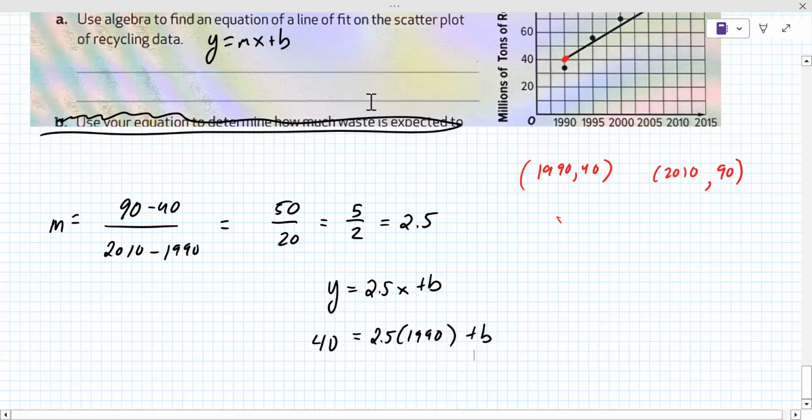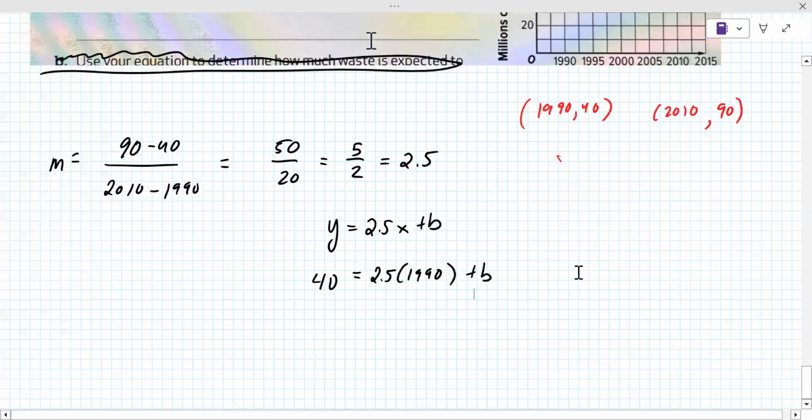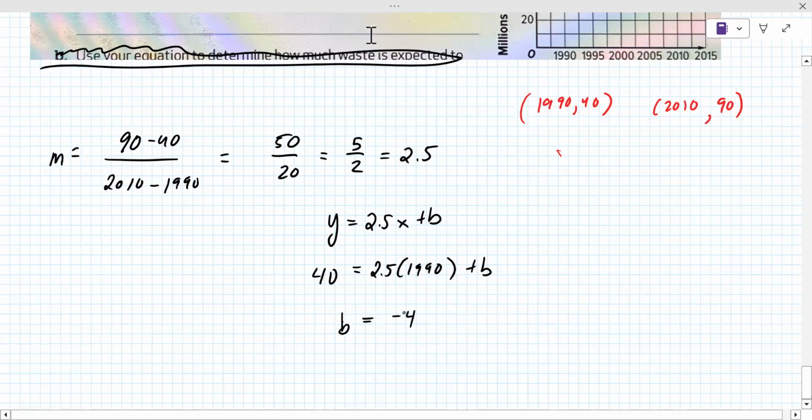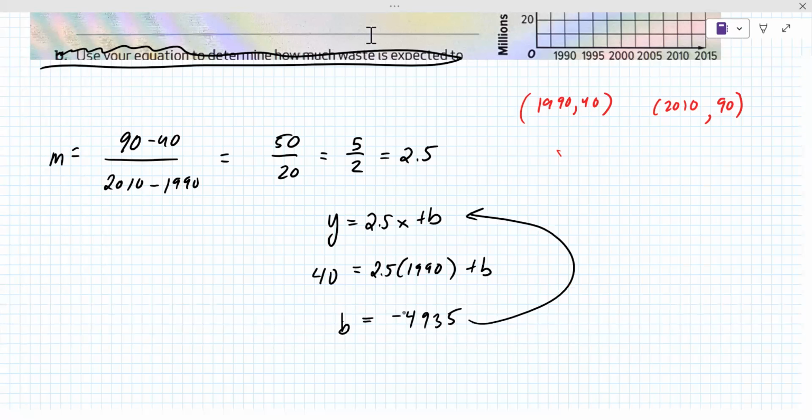Subtract that over: negative 4,935 equals b. Good, and that goes back into your equation. So y equals 2.5x minus 4,935.